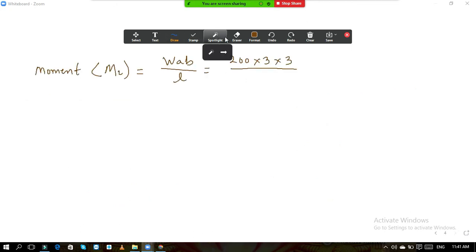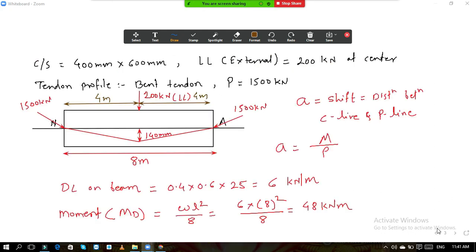Here I will make the changes. So it is 4 and 4 and total span is 8, WAB by L. As it is a point load, 200 into 4 into 4 divided by 8. So it is 400 kilonewton meter. So now these two loads are only acting on the beam.